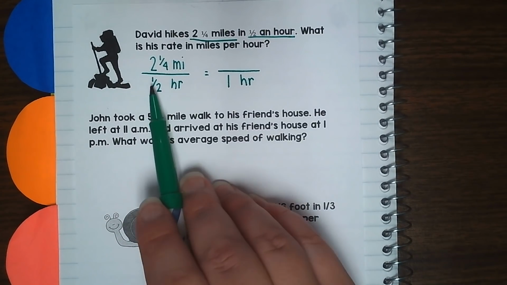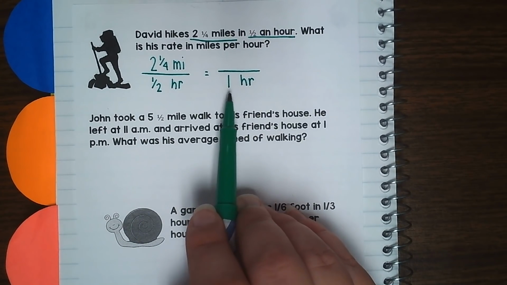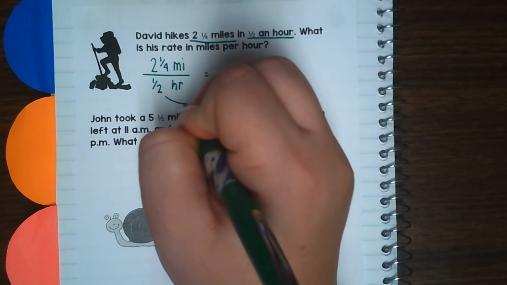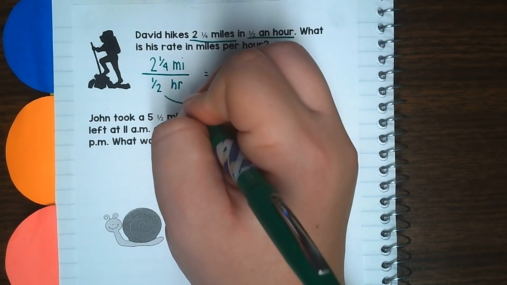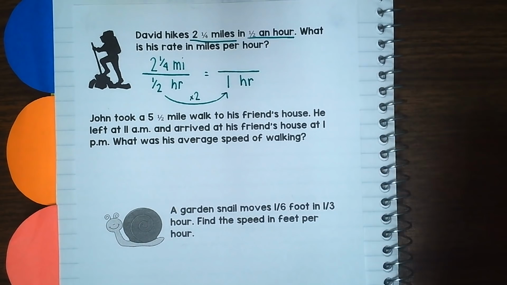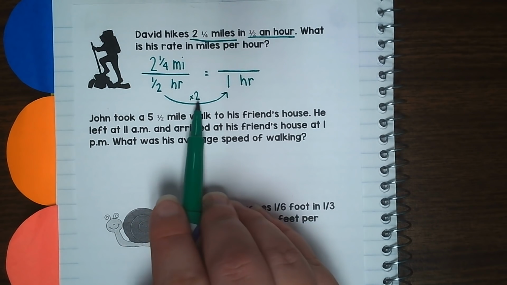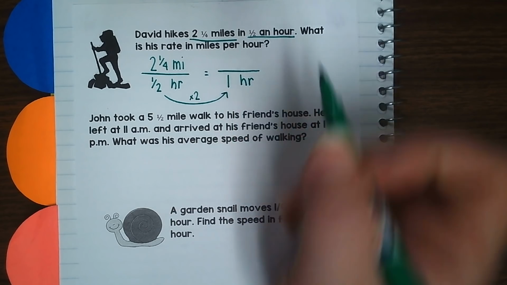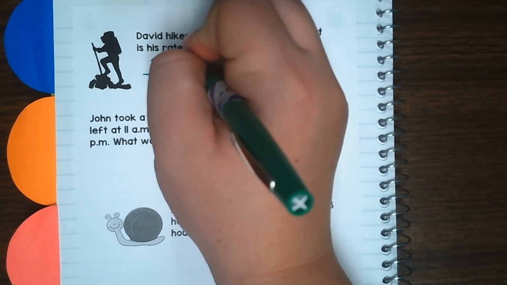Well, to get from 1/2 to 1, I'm going to have to multiply by 2. If I had 1/2 times 2, that would give me 1. So what I do on the bottom, I also do on the top.